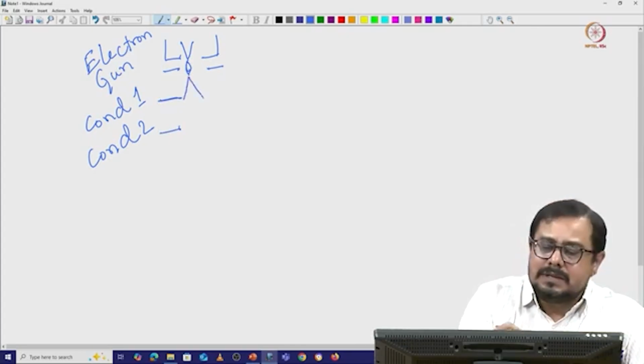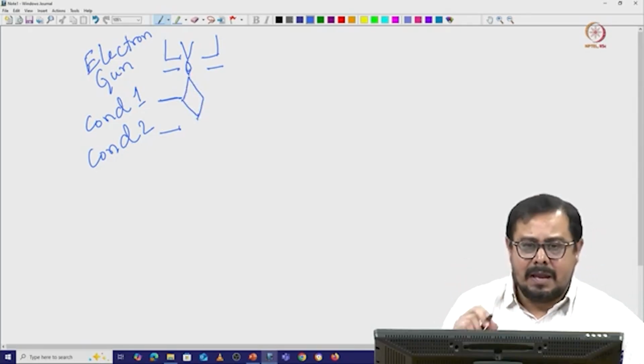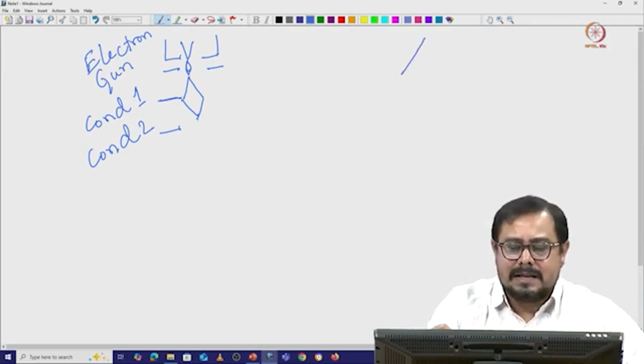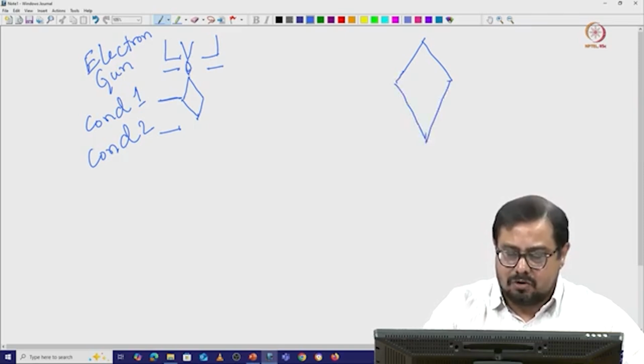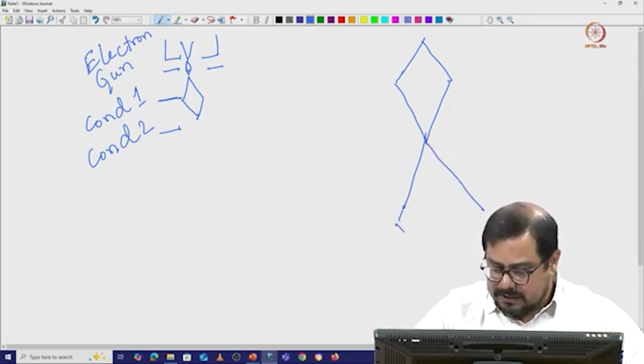So we will use a ray diagram where it will converge. Whenever we have a lens system, it is always converging the electron beam and diverging the electron beam. This is called the converging electron beam, and then if it goes further, this is called the diverging electron beam.